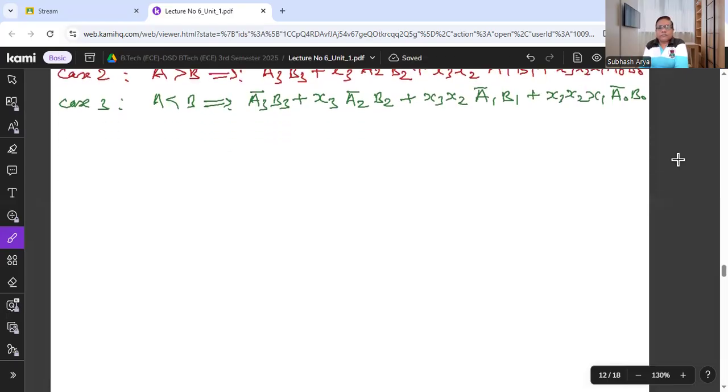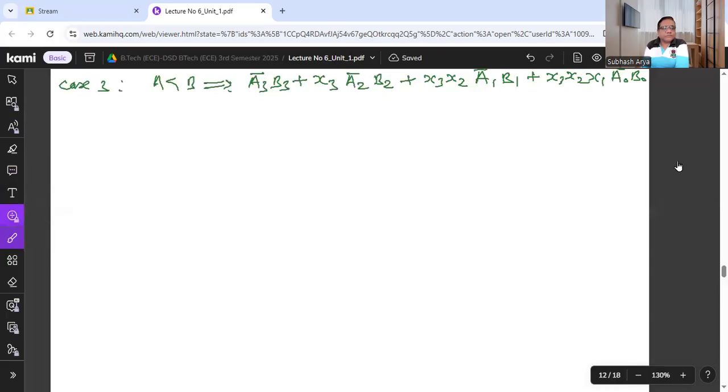Now, in order to implement, we need signal lines. So let us take signal lines here.